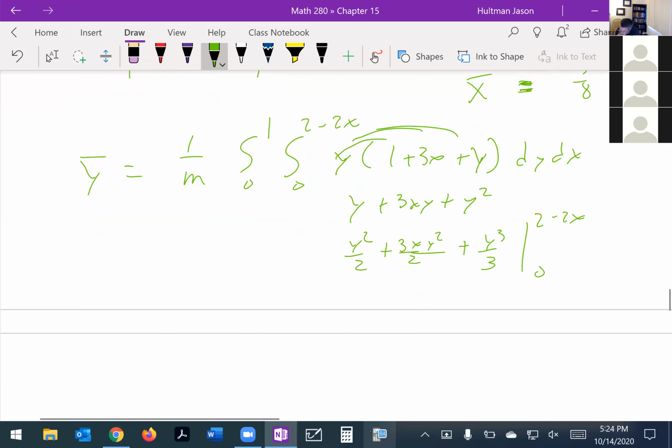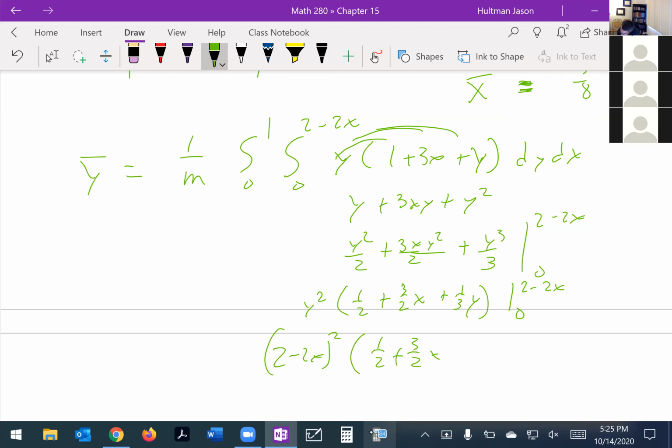Well, I can factor out a y squared, so y squared times 1/2 plus 3 halves x plus 1/3 y. To make it easier to evaluate, this is 2 minus 2x squared times 1/2 plus 3 halves x plus 1/3 times 2 minus 2x.